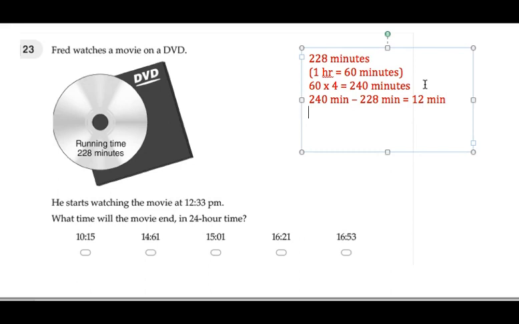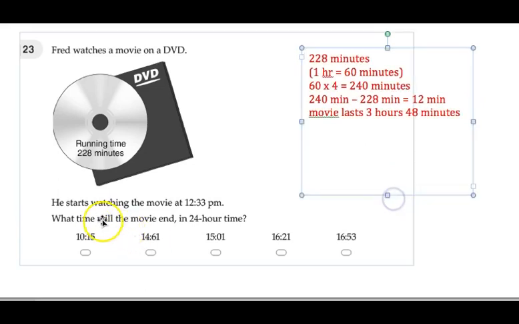So the movie is almost 4 hours, but it's short 12 minutes. So the movie lasts 3 hours, and we take away 12 minutes from 60 minutes, which gives 48 minutes. So that's how long the movie lasts.